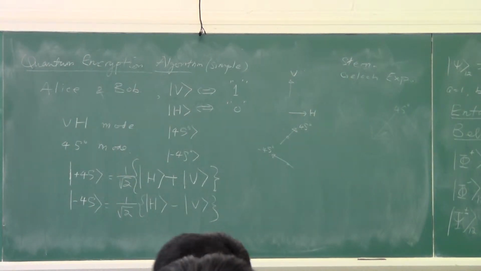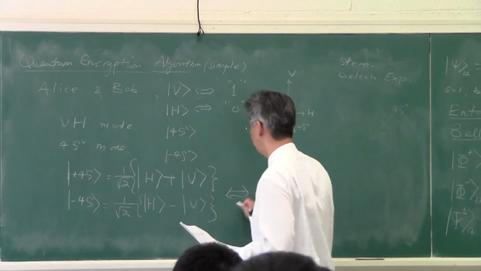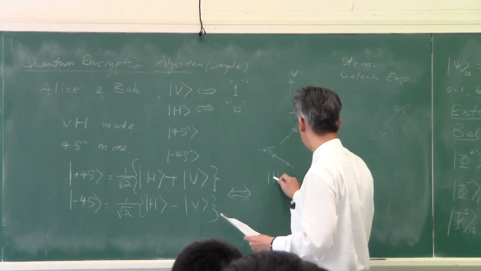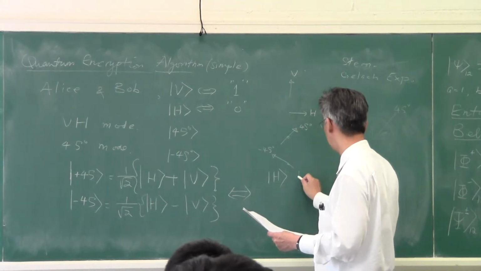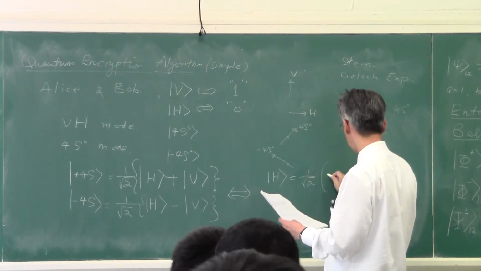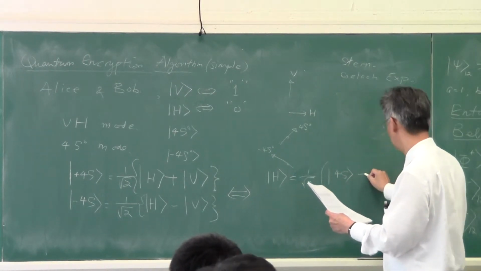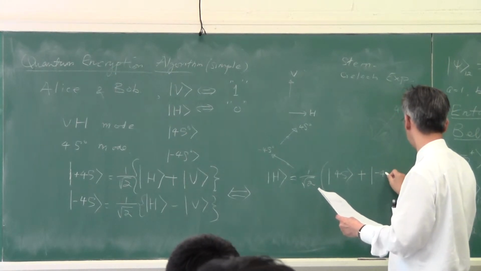From this, we can easily gather the converse. We can invert this relationship and say that the horizontally polarized photon is a linear superposition of a 45 degrees photon plus a minus 45 degrees photon.